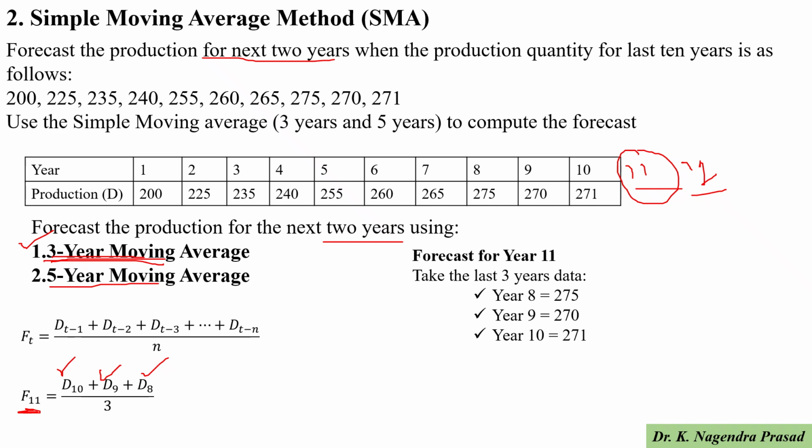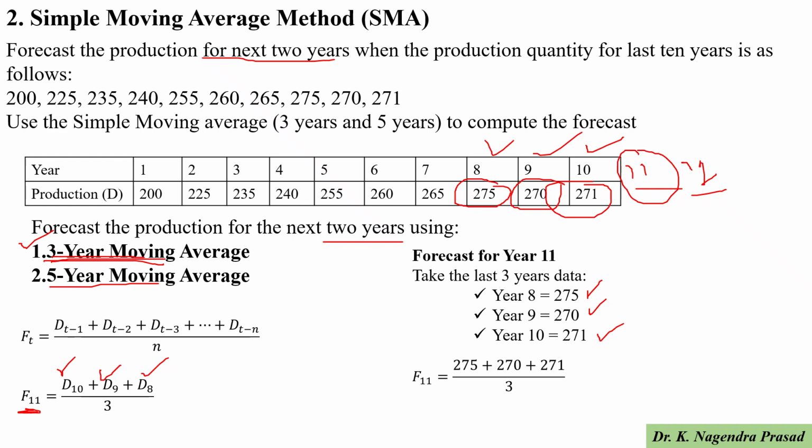So we have to forecast for the 11th year. In this regard we have to use the last 3 years data, so the 8th year, 9th year and the 10th year actual demand values. D8 is 275, D9 is 270 and D10 is 271.